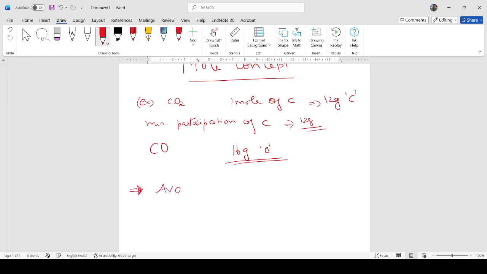The person who gave us the mole concept is Avogadro. This person is very pitiful actually. Throughout his lifetime, he was explaining this concept to everyone, but no one accepted it at that time. The reason is that at that time they were all going by philosophical values.